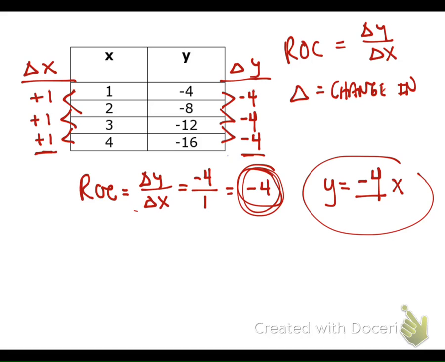So let's take it over to the table right here and test it out. 1 times negative 4 gives me negative 4. 2 times negative 4 gives me negative 8. 3 times negative 4 gives me negative 12. And 4 times negative 4 gives me negative 16. So you can see that by finding the rate of change, you can find the coefficient, or the number that you multiply by, just from that table. And it all comes down to delta y over delta x.